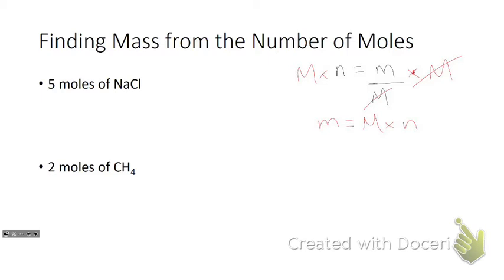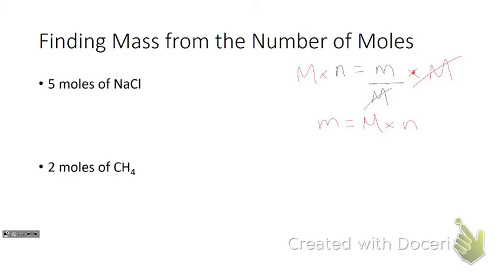So in this first question, what is my little n? 5, right? Excellent. Because n is the number of moles, and it says right here we have 5 moles of NaCl.